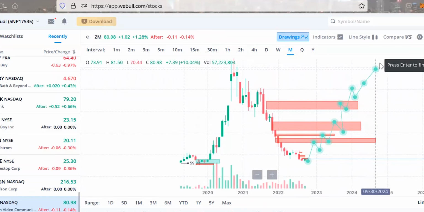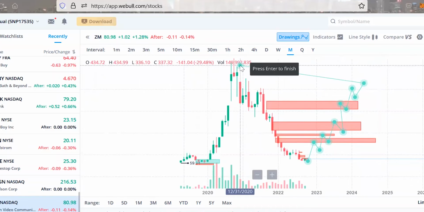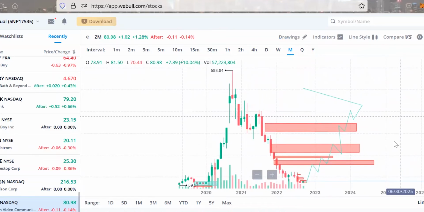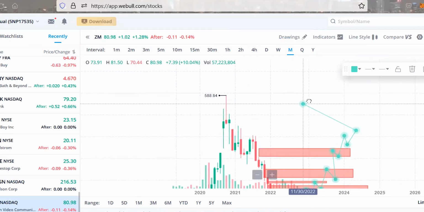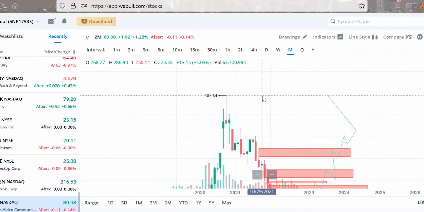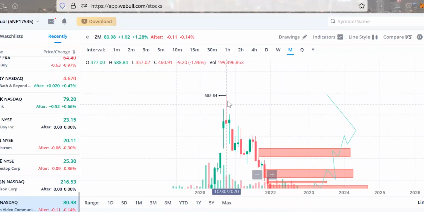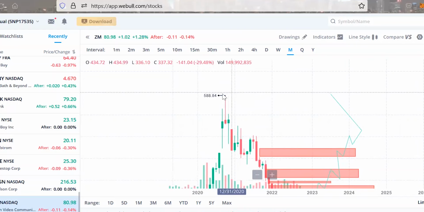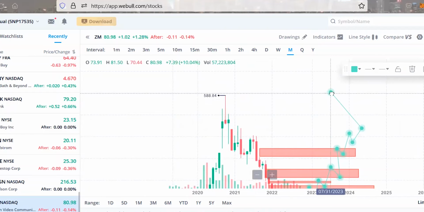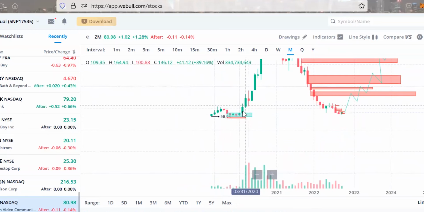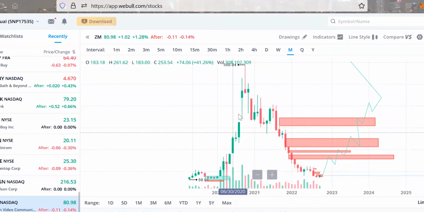Liquidity means where is the most orders lying in the market? Some liquidity there, right? Let me move the screen, and liquidity is all the way up here. You guys see that? When they made this up move, they do have orders, they have open positions here, just like they had open positions here when they made this entire market move up.